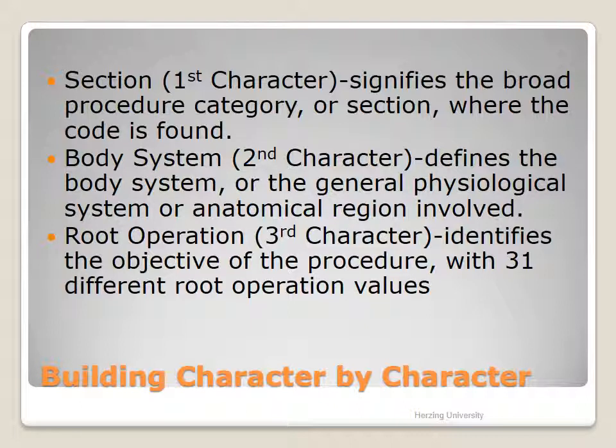In coding ICD-10 PCS, it is so important for a coder to understand their anatomy and physiology. The third character is the root operation. This identifies the objective of the procedure, and there are 31 different root operation values.